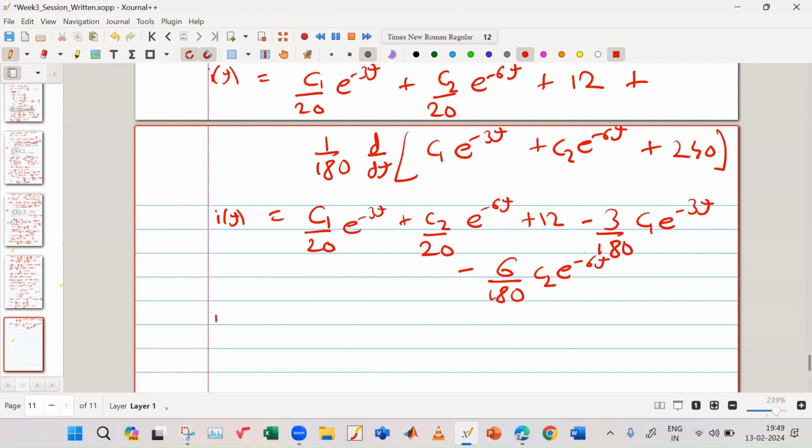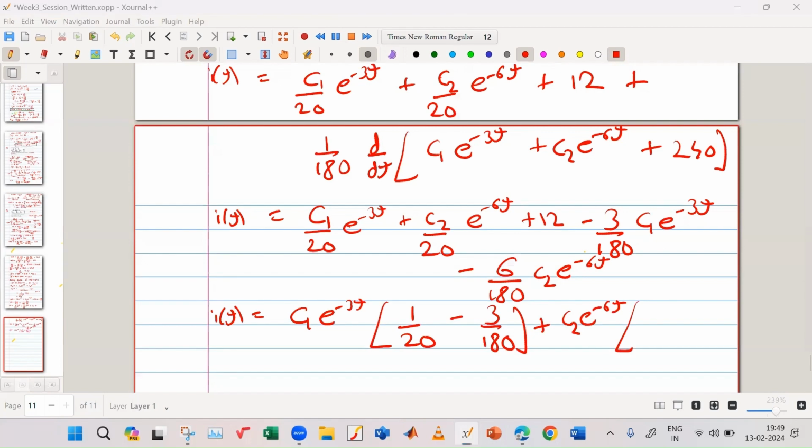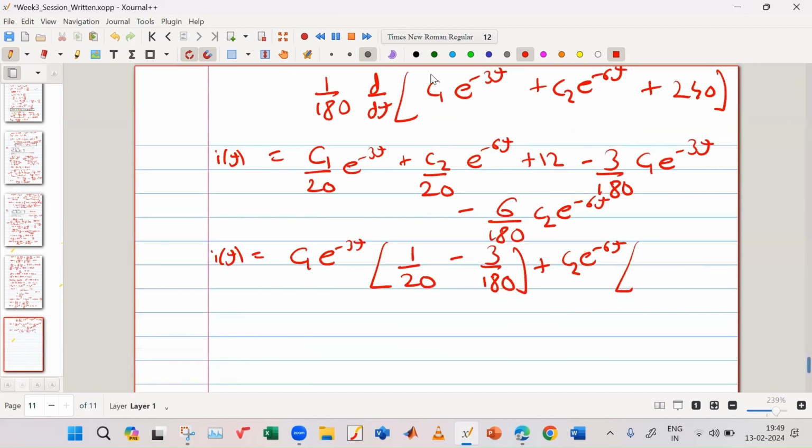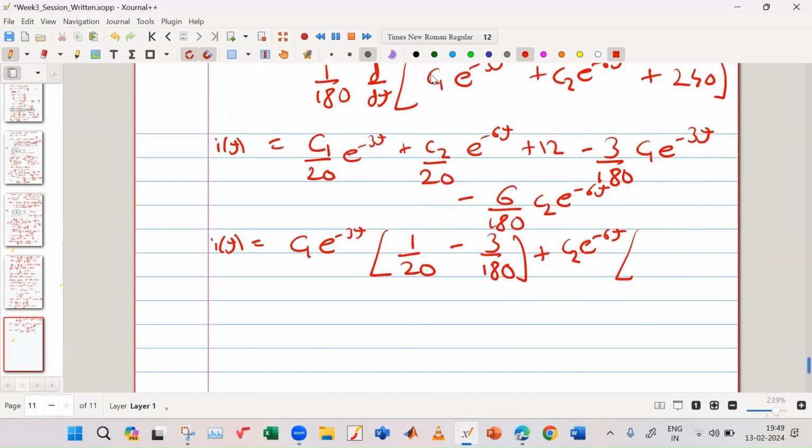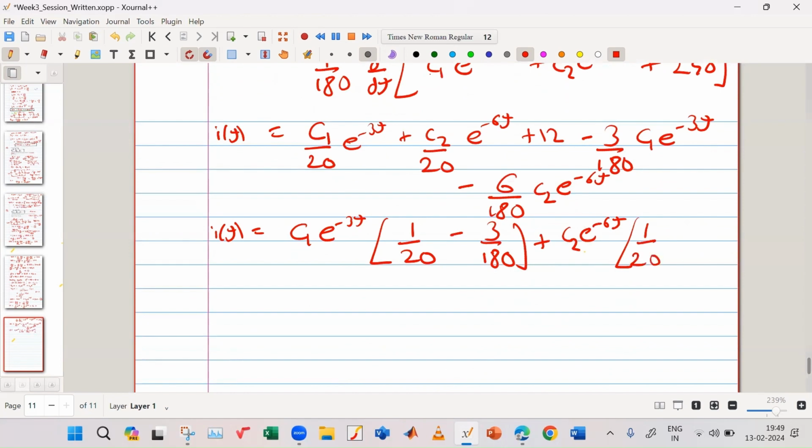So I get it of the form I of t is equal to, I take c1 and e raised to minus 3t common. I will get 1 by 20 minus 3 by 180, plus c2 into e raised to minus 6t common, so this is 1 by 20 minus 6 by 180, plus 12.